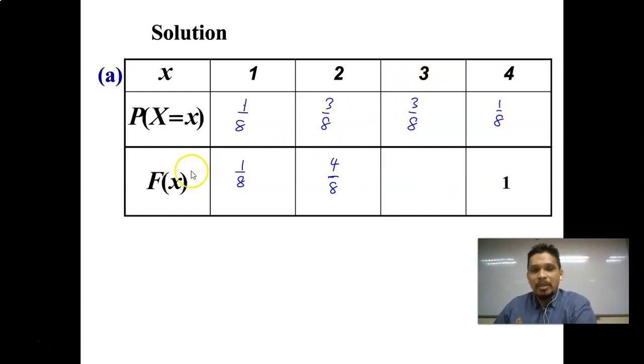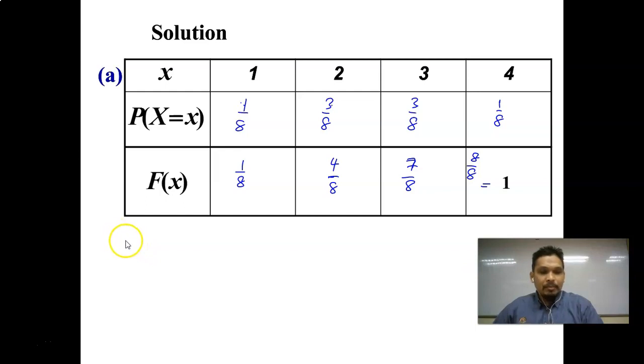And then accumulate until X equal to 3: 1 over 8 plus 3 over 8 plus another 3 over 8. So 1 plus 3 equal to 4, 4 plus 3 equal to 7 over 8. The last one, 7 plus 1 equal to 8 over 8, which is equal to 1.